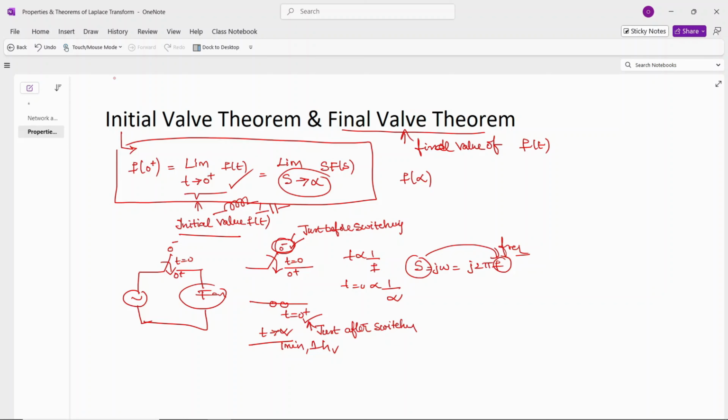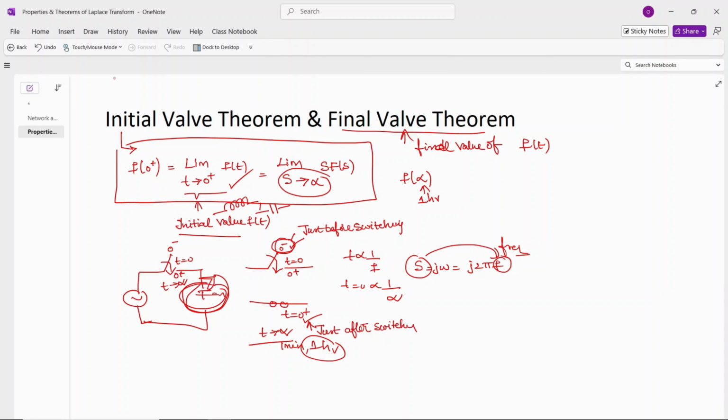As soon as the switch is closed, the fan starts rotating. Take it that the fan has been operated for 1 hour. Therefore, t equal to infinity is nothing but 1 hour. This I can write as f at t equal to infinity.